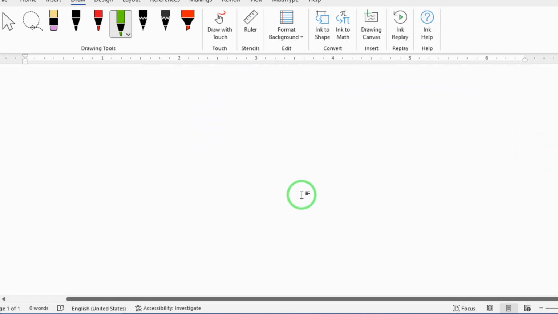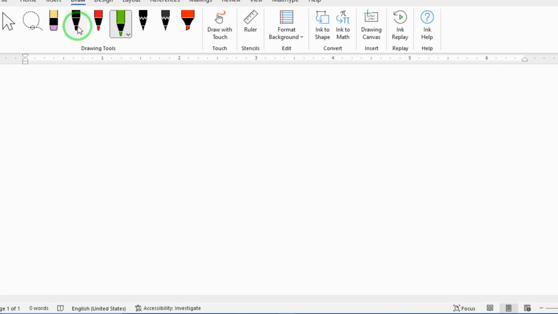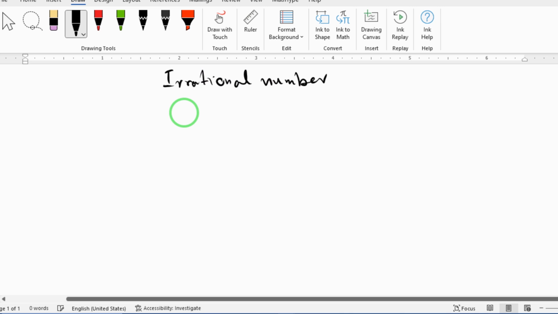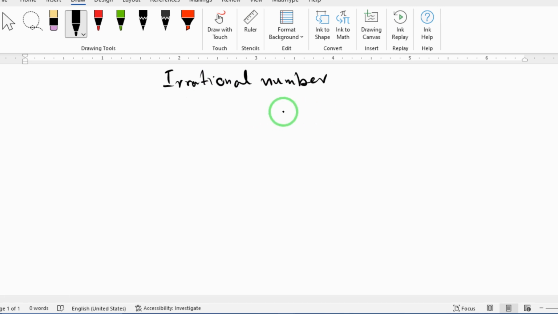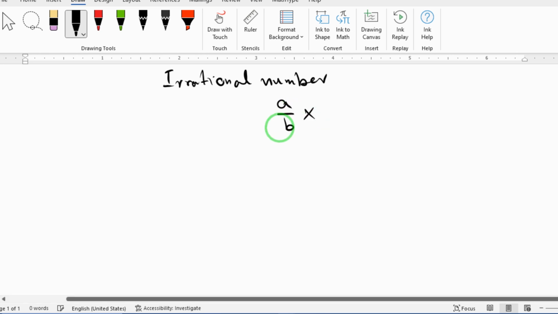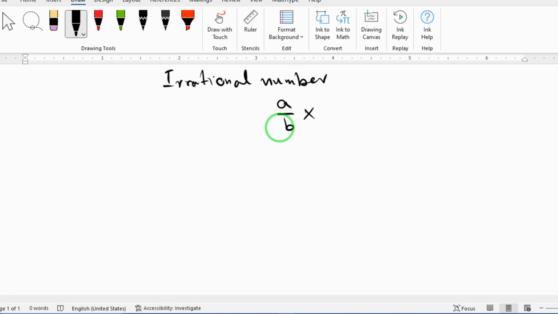The next number we have is irrational number. What is irrational number? Irrational numbers are those numbers that cannot be written as a fraction of a over b. What kind of number cannot be written as a fraction of a over b?